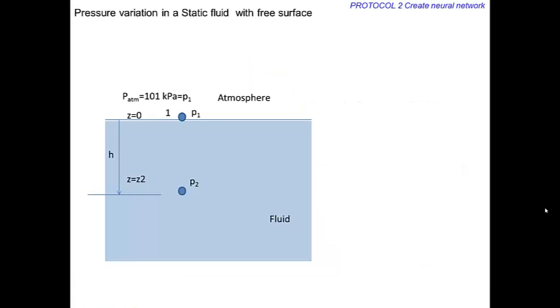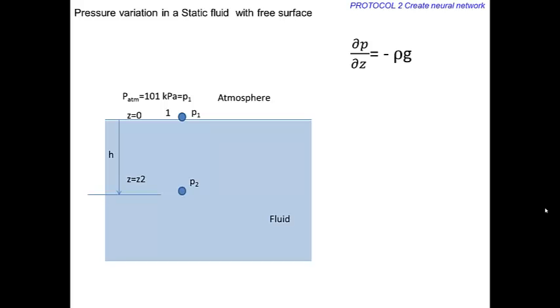Consider a static fluid with a free surface. Let it be water. Let us see how pressure varies in this static fluid. At location 1, the interface of fluid and atmospheric air, the pressure is atmospheric, equal to P1. This is approximately equal to 101 kilopascals. We saw earlier that pressure varies only in the z direction.